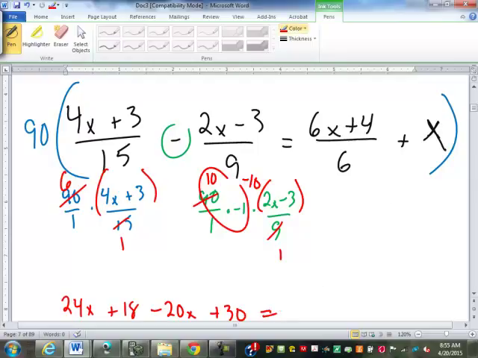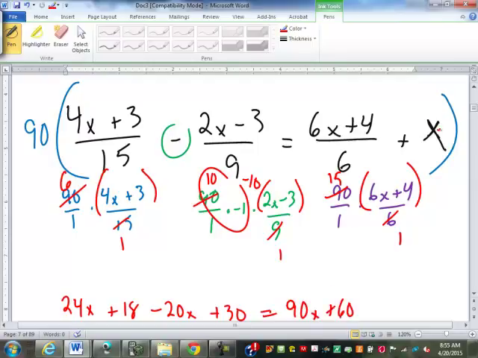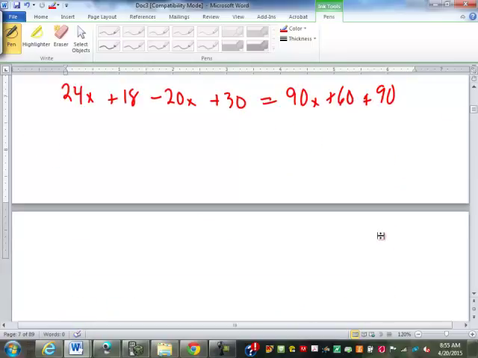Equals 90 over 1 times 6x plus 4 over 6. 6 and 90 cross cancel, give me 1 and 15 times 6x plus 4. 15 times 6x is 90x. 15 times 4 is 60. And then I've got 90 times x is 90x. You can solve it from there, I bet. 4x.